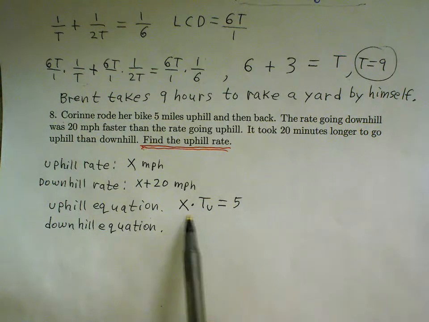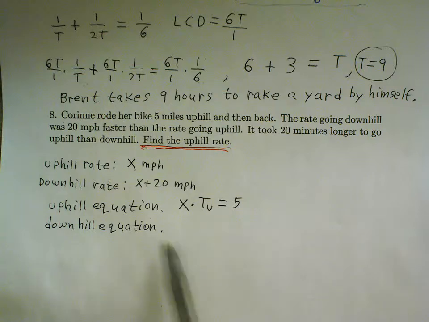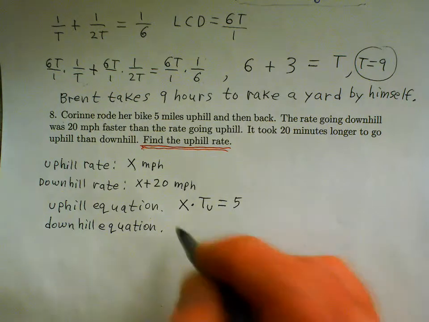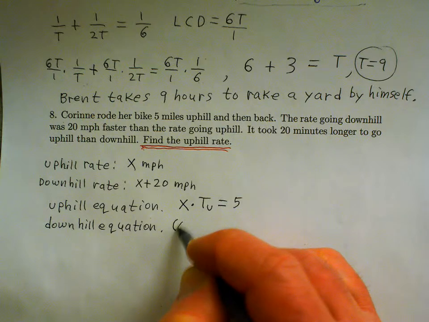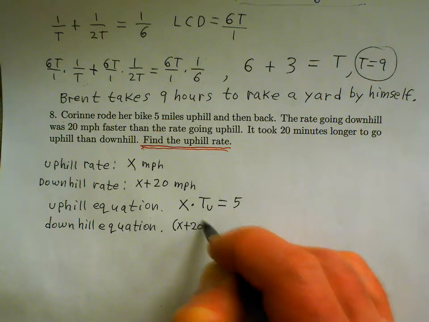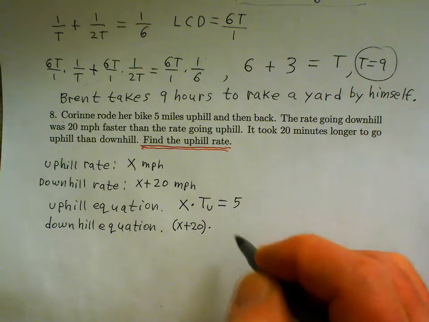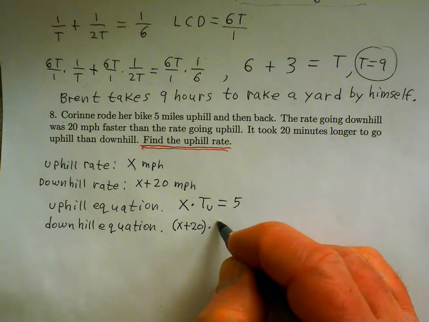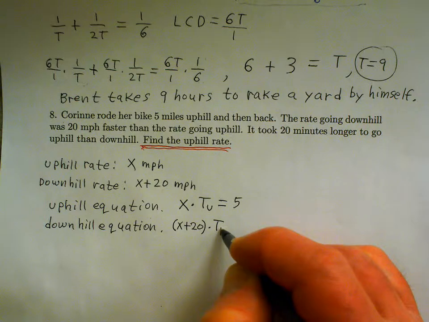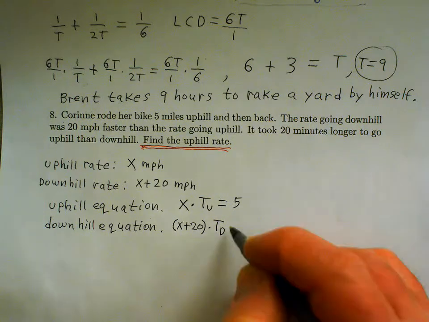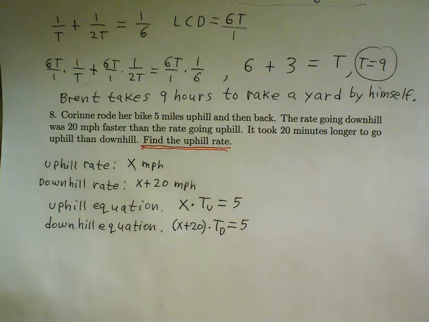So we have rate times time equals distance. Then going downhill, the rate was X plus 20 miles per hour. And the amount of time we don't know specifically, so we'll use T sub D to represent the amount of time it took to ride 5 miles downhill.